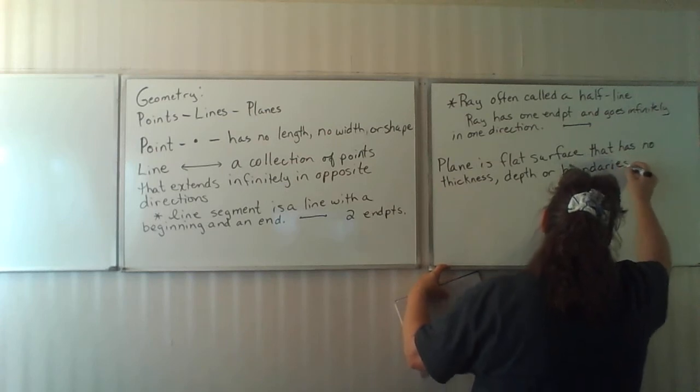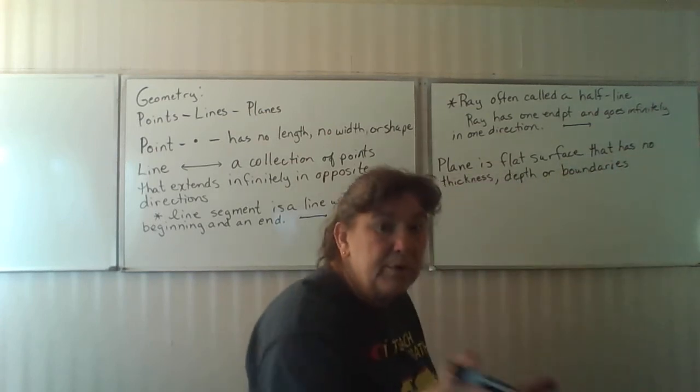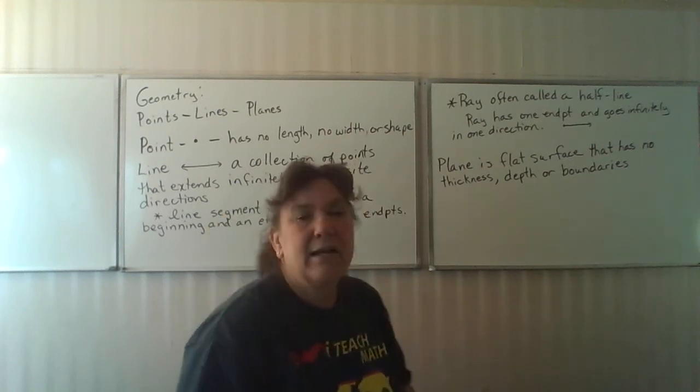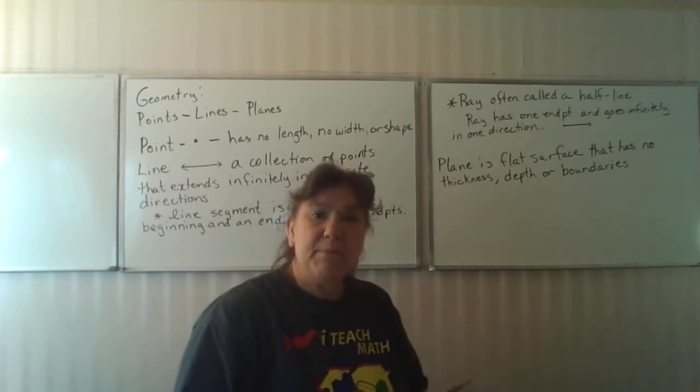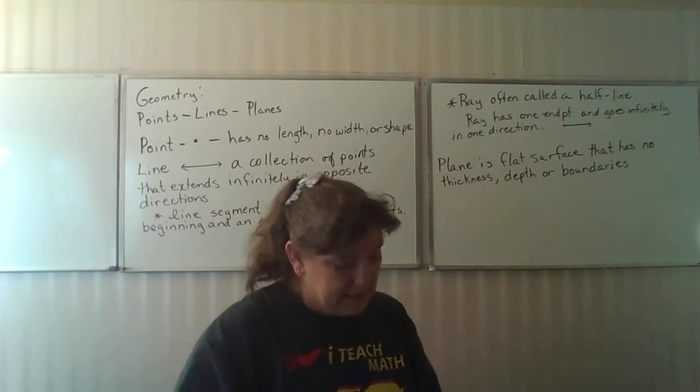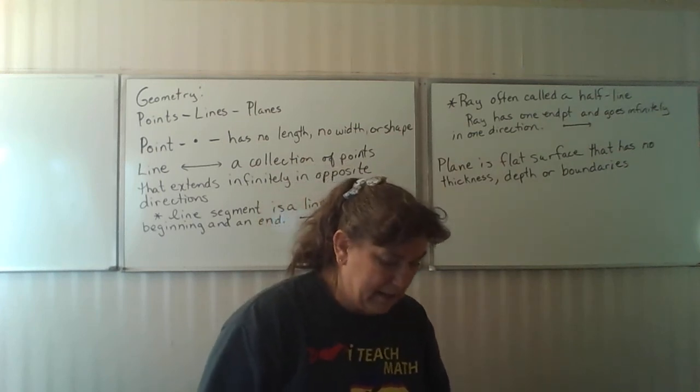We often use something like a piece of paper to represent a plane, but again, it's not completely accurate because a piece of paper has boundaries. A piece of paper has thickness, even though it's a very small amount of thickness.